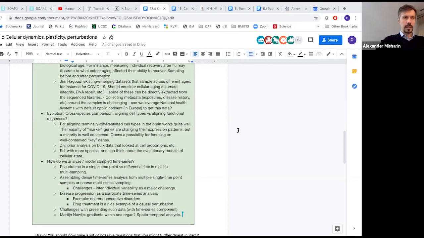I think we can consider using easy to access tissues such as skin, which can be sampled relatively easily and painlessly. We often do this in different clinical trials. And also accessing the nasal epithelium as a surrogate for the respiratory tract across different ages, because those tissues can be sampled relatively easily.